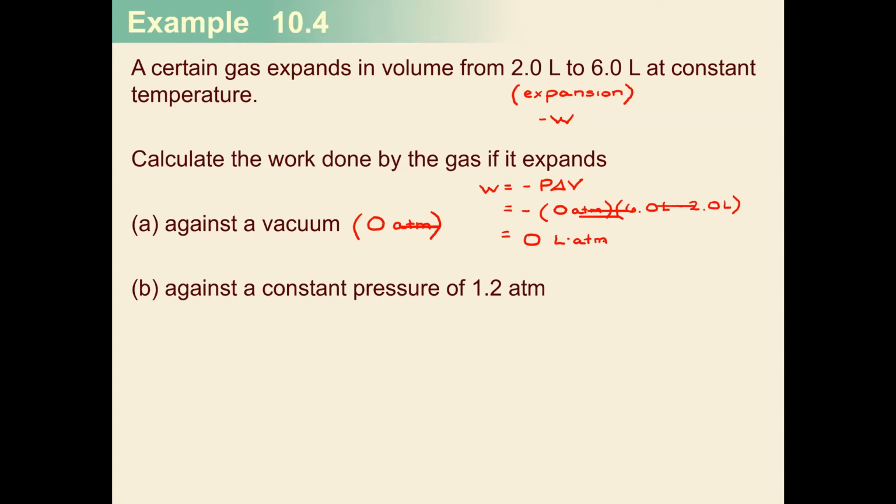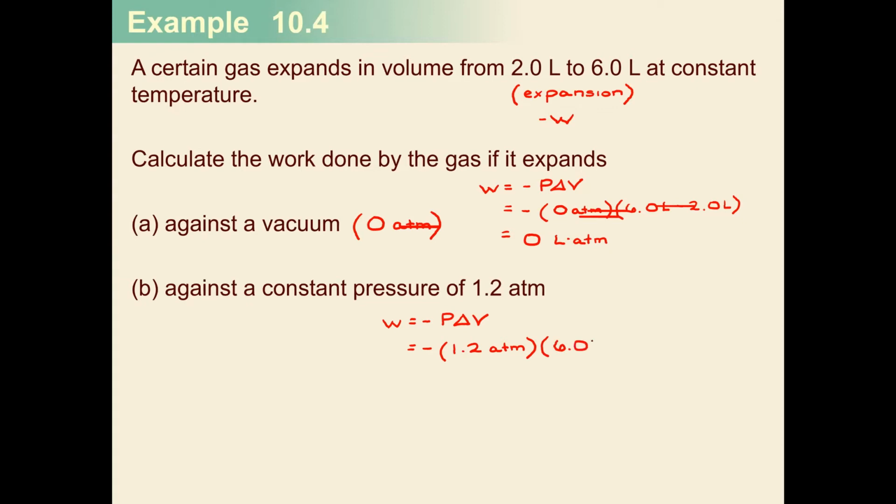So let us go ahead and look at B. We are now going to use the same equation of W equals minus P delta V, but this time we actually have a pressure. So we are going to state that negative, our pressure being 1.2 atmospheres that we must fight against, and we are going to use the same change in volume.